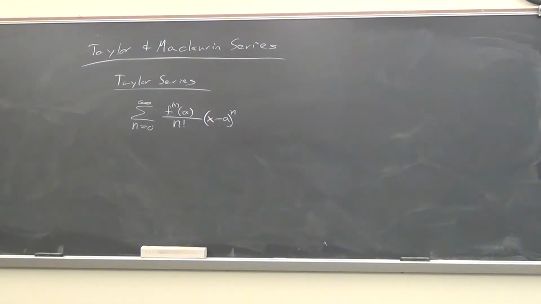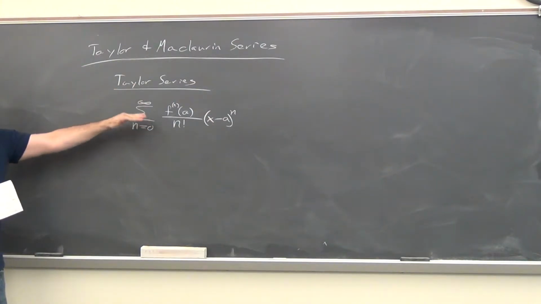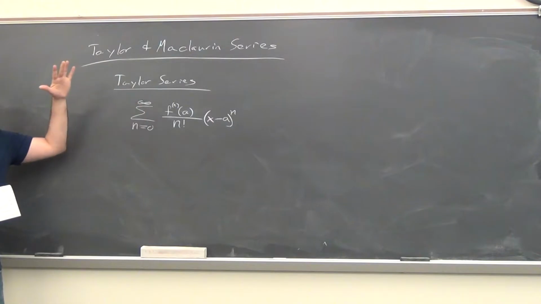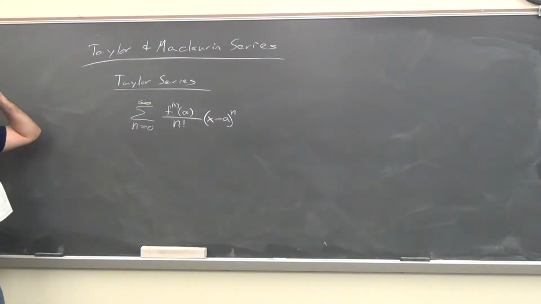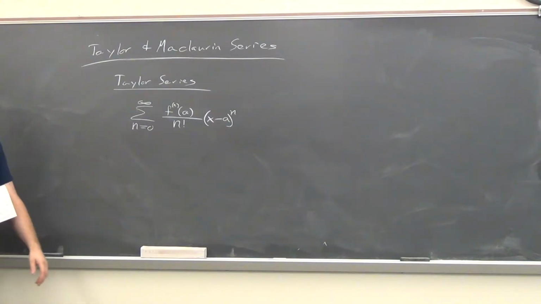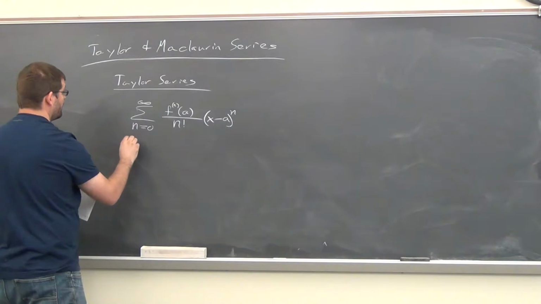So this is the formula for a Taylor series. And so, given an f, this is its Taylor series. This may not be defined. Even if the derivatives exist, you might have something that doesn't converge. But if this converges, then it'll equal your function.